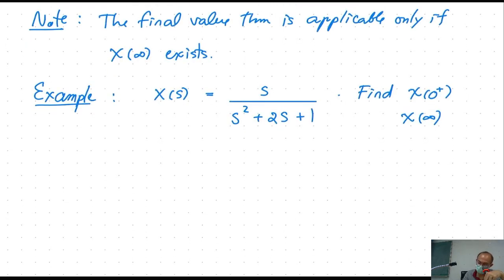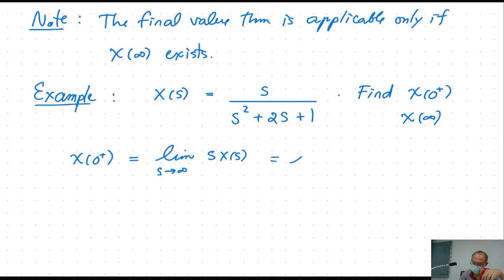Now from this theorem, we know that the initial value is the limit when s goes to infinity of sX(s), right? Then we can just plug in X(s) into this limit.